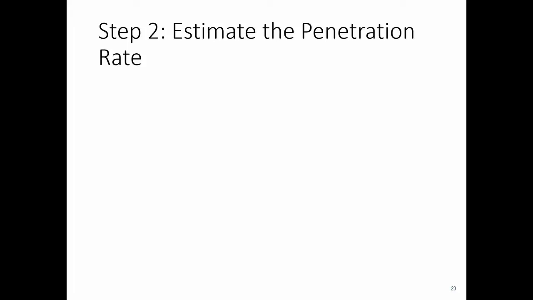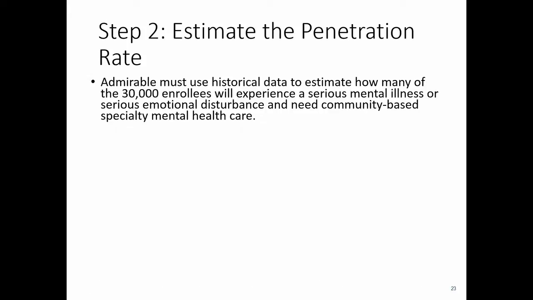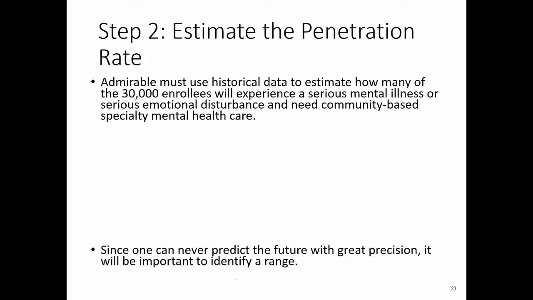Now, Admirable needs to estimate the penetration rate. And so they're using historical data to estimate how many of the enrollees will experience a serious mental illness or serious emotional disturbance and need community-based specialty mental health care. So we could change this example to include everybody, mild, moderate, serious, and severe, but I kept it at the more serious end of the spectrum to not overcomplicate the example.